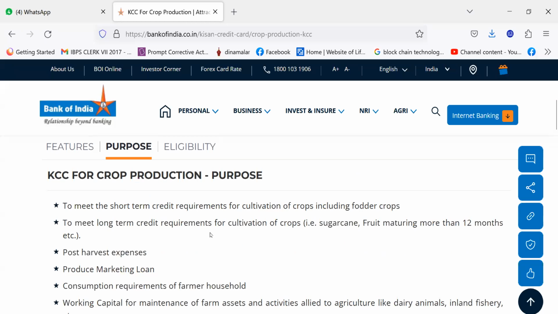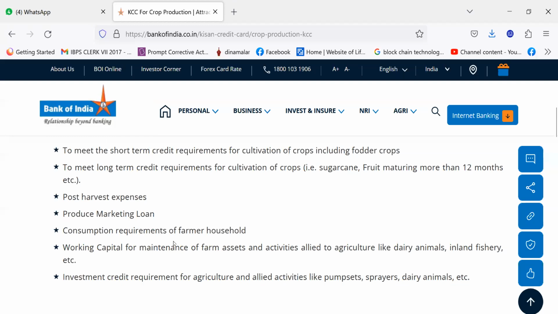To meet long-term credit requirement for cultivation of crops, that is sugarcane, fruit maturing more than 12 months, etc. Post-harvest expenses, produce marketing loan, consumption requirements of farmer household, working capital for maintenance of farm assets and activities allied to agriculture like dairy animals, inland fishery, etc. Investment credit requirement for agriculture and allied activities like pump sets, sprayers, dairy animals, etc.